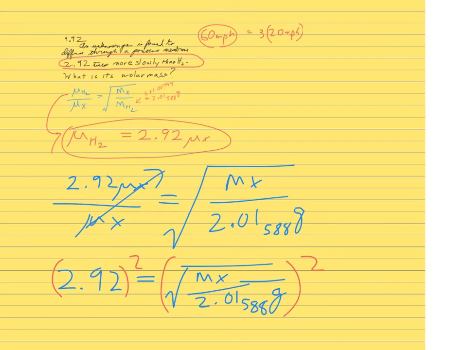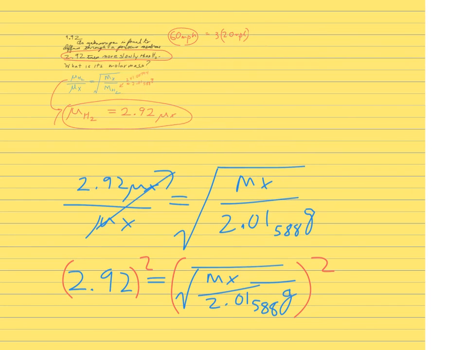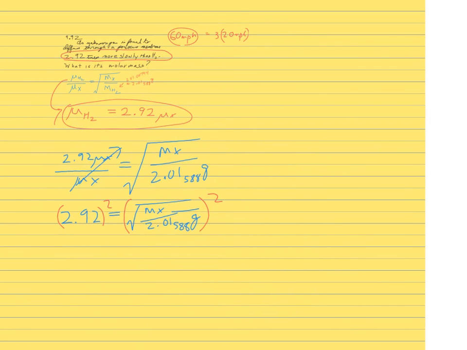Now we need to get rid of the square root sign, so what are you going to do? We're going to square both sides. And now we're really just into algebra. So that gives me 2.92 squared equals Mx divided by 2.01588.